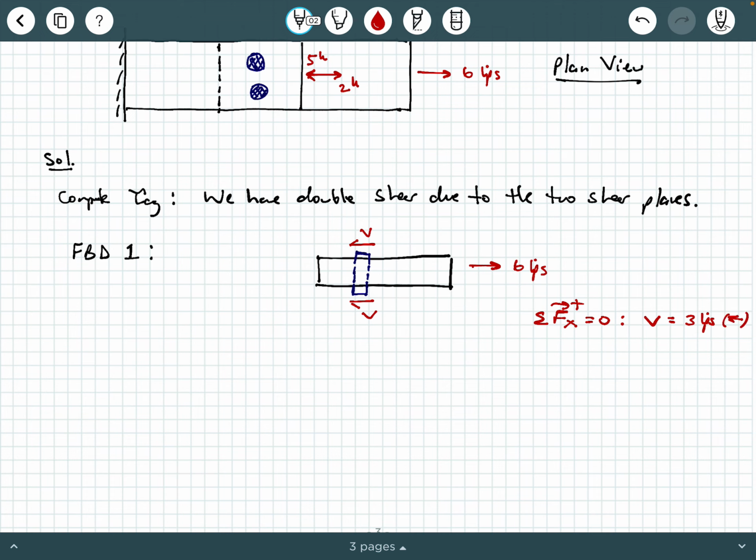Now what we can do is move to free body diagrams of the top and the bottom plates. So let's look at free body diagram number 2, which is going to be of our top plate. So our top plate is going to look something like this, and we have this bolt here.